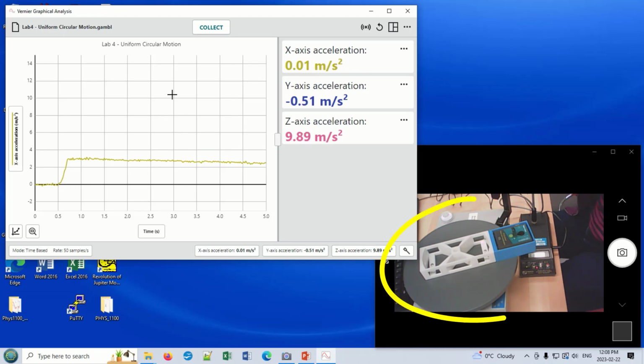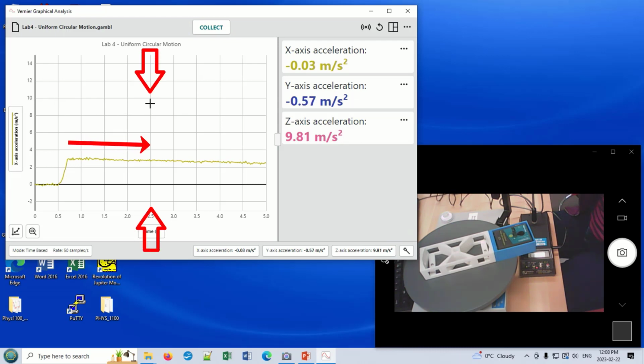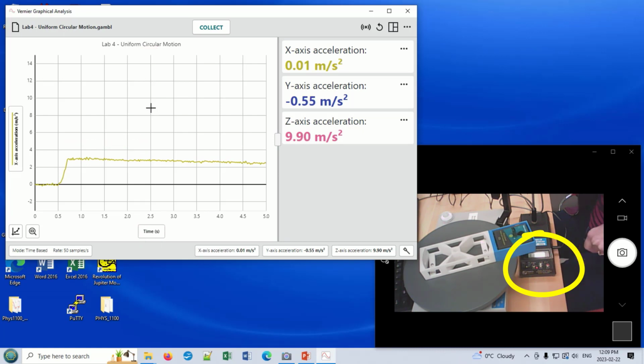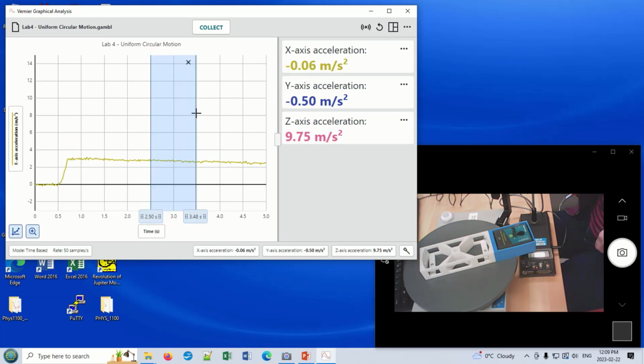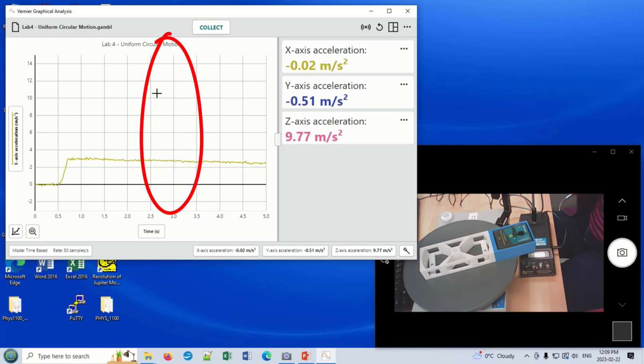You give the plotter a bit of a spin, click collect, watch the data coming across the screen, and when it reaches whatever line you chose, you hit the reset button. Later we'll be highlighting just 1 second after the point when we hit the reset button, to be sure that the time we measure here correlates best with the experimental acceleration we're going to get off of our graph.